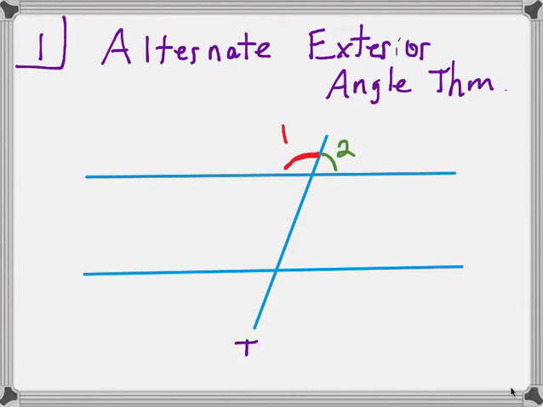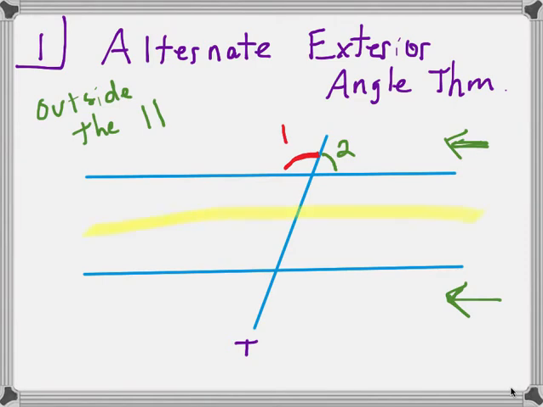Alternate exterior angle theorem means that we want to stay outside the parallel lines. So I'm going to write these two lines here. That means parallel, not the number 11. Parallel lines. If you're on a train track, this is the outside part. This is outside the parallel lines. Inside would be right through here.